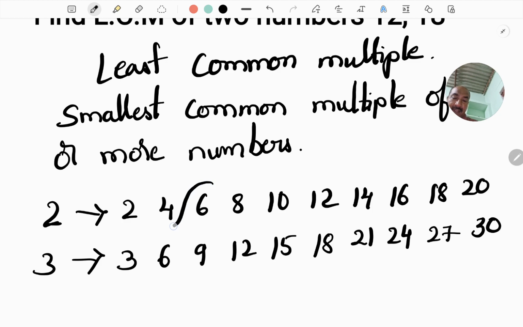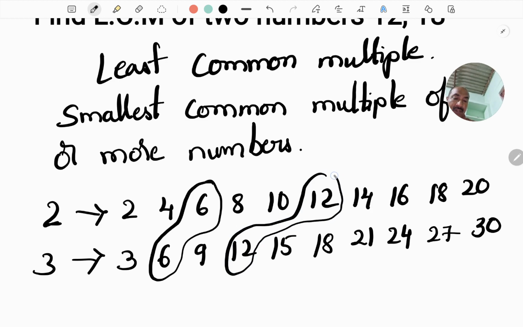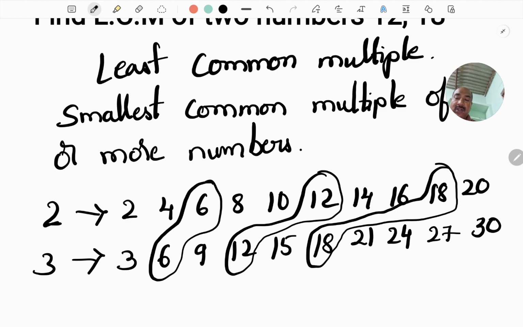So first choose the common multiples of the 2 and 3 tables. 6 first and 12, again 18 and 18. These are the common multiples of the 2 and 3 tables. What is the definition? LCM means smallest common multiple.